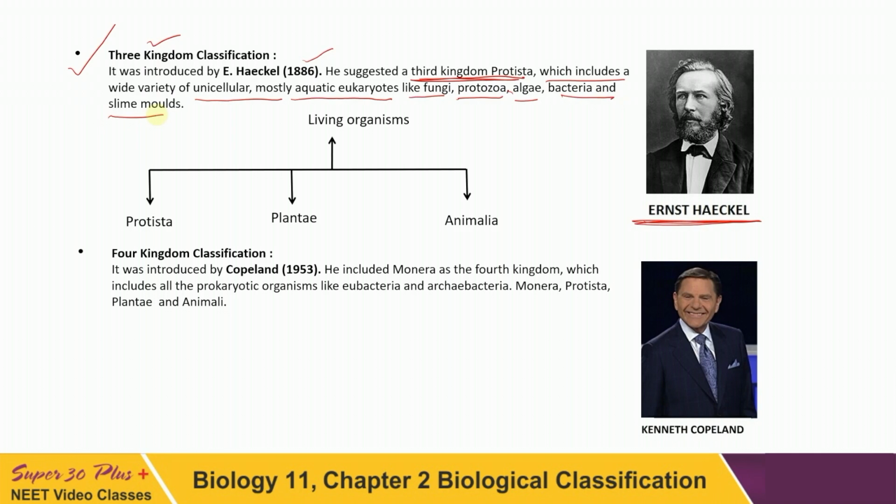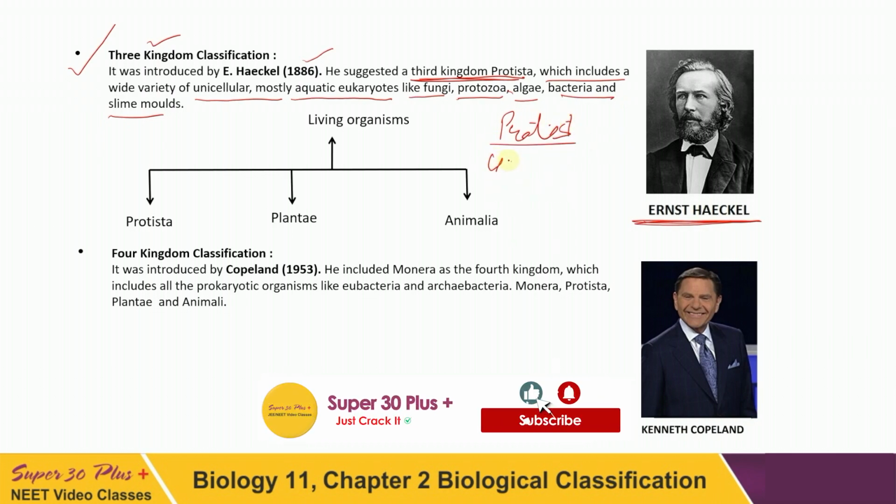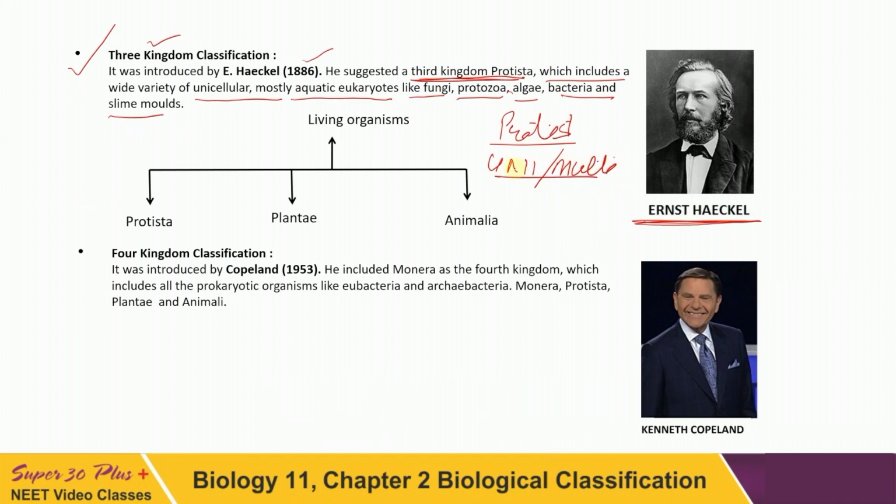So kingdom Protista separated unicellular organisms from multicellular organisms. So one of the objections to Linnaeus was overruled here. The three kingdoms are kingdom Protista, kingdom Plantae, and kingdom Animalia.